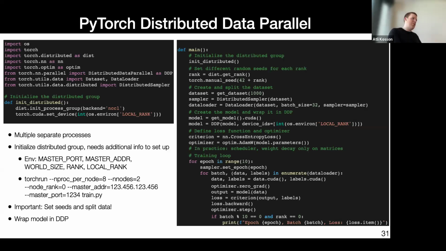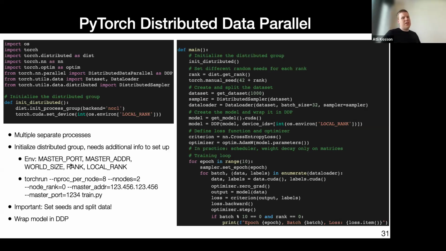That is the process that coordinates everyone else. So that process sets up all the communication and so on, but then it will also just train like any other process, but it has these extra tasks.